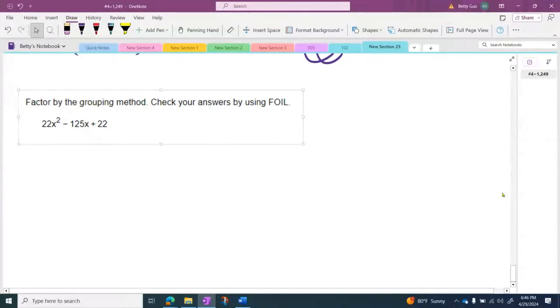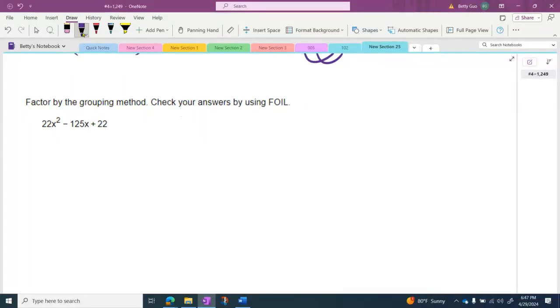Factor by grouping. Okay. I would still check the GCF first. This is a trinomial with 3 terms, right? 125.